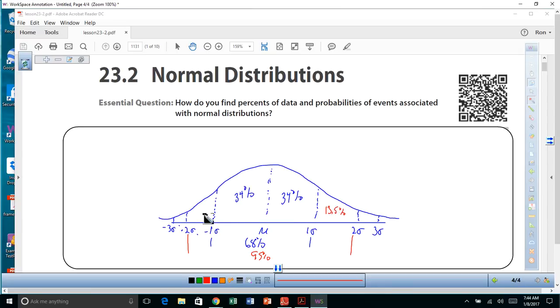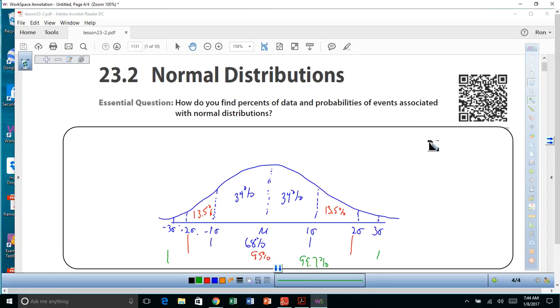Okay, so that's going to put that at 13.5%. And this is going to be 13.5%, right? And then if you go 3 standard deviations, that's 99.7% of the data. So what is that? That's 4.7.